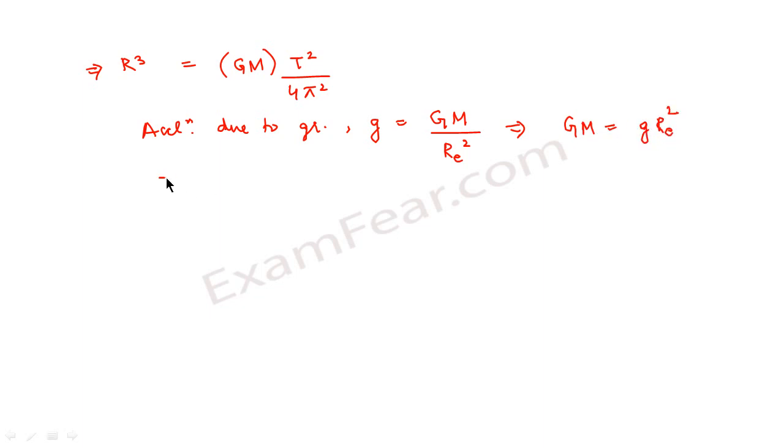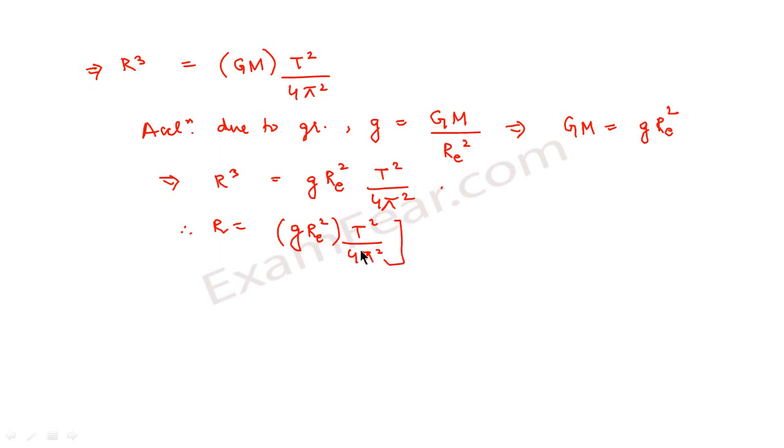So using that, we get r cube is equal to g into re square into t square divided by 4 pi square. Therefore, r is equal to g re square into t square by 4 pi square, this whole to the power 1 by 3. So this would be the value of r, that is the radius of the orbit.